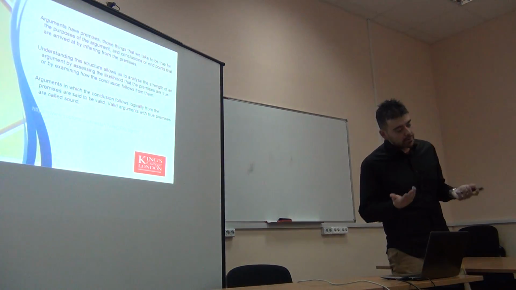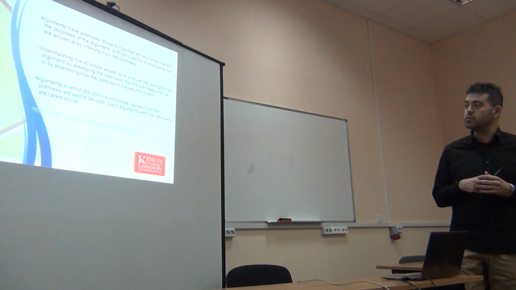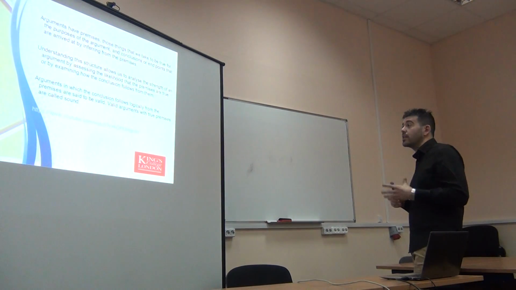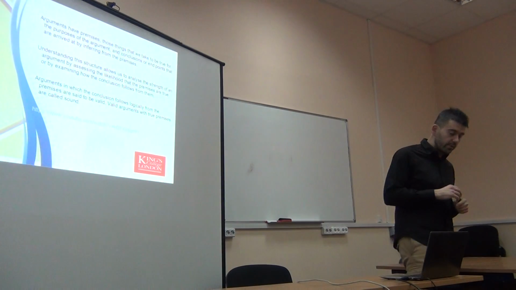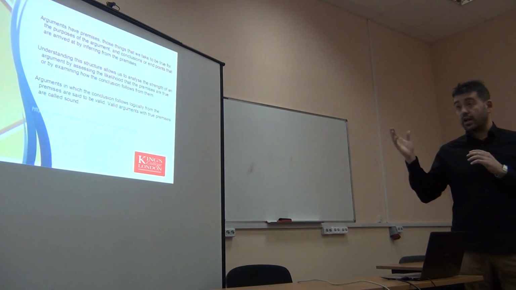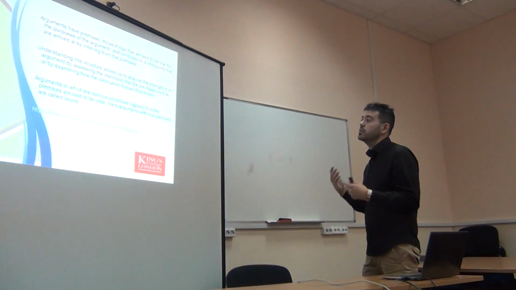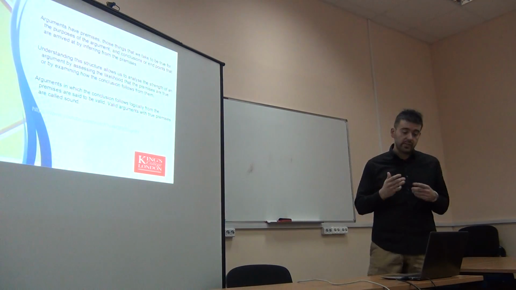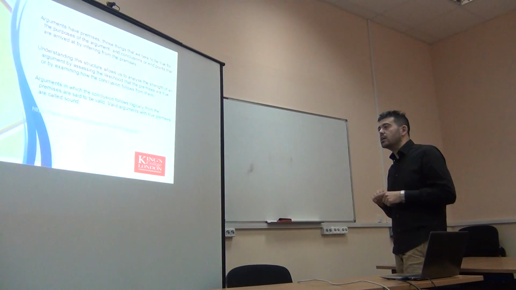So arguments, of course, are premises, those things that we take to be true for the purpose of the arguments, and conclusions or endpoints that we arrive at by inferring from the premises. Understanding the structure of premises and conclusion is crucial to analyze the likelihood of an argument and to assess how sound the conclusion that follows.